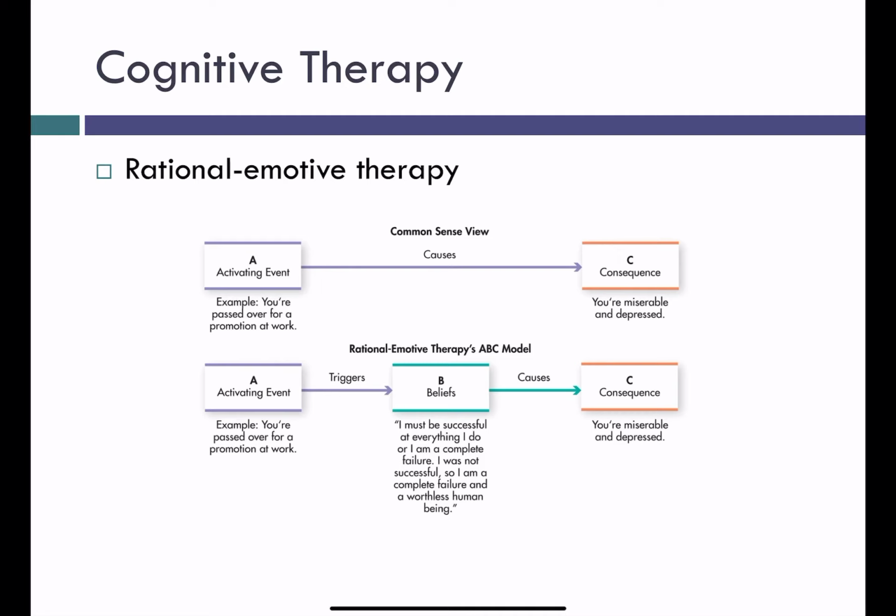So they have this ABC model, and the argument here is you need to identify the core irrational belief that underlies distress. So there's an activating event, you get passed over for a promotion at work, and that makes you miserable and distressed. But rational emotive therapy argues there's a belief that causes you to be sad after this.